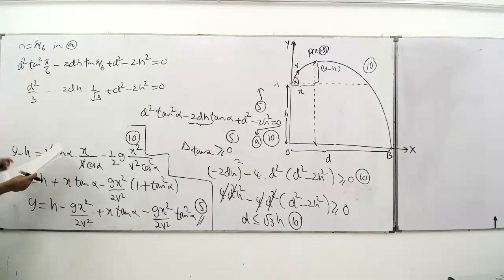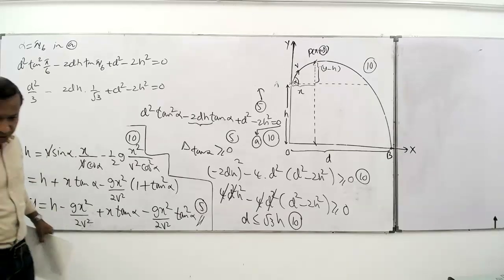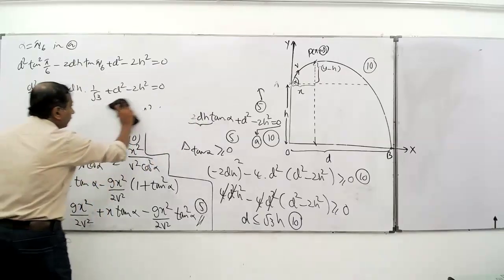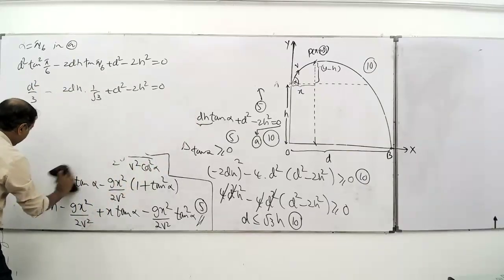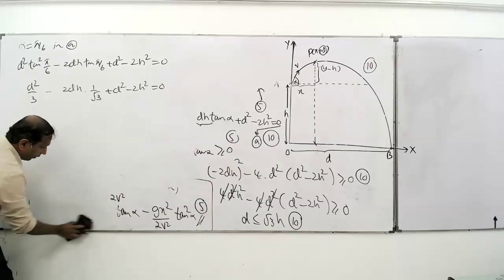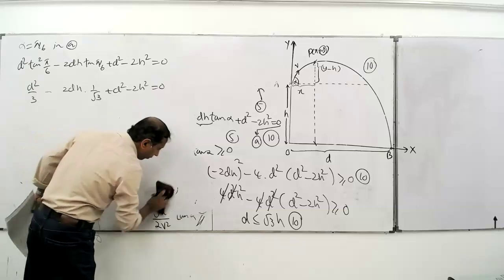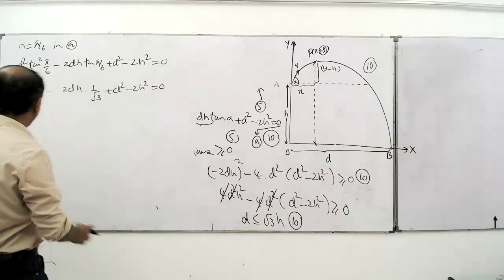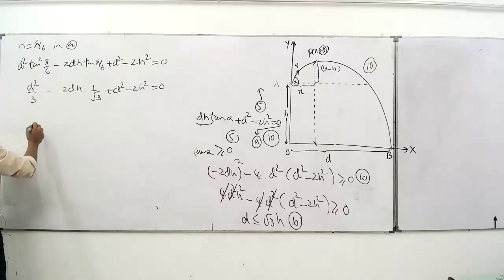Now, simplify this, then simplify this, right? Those steps also I'm going to skip here. This kind of simplification we will do now. You get a quadratic equation in d, you must get it this way.